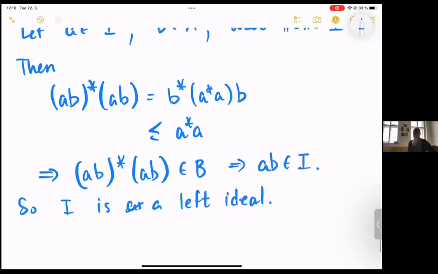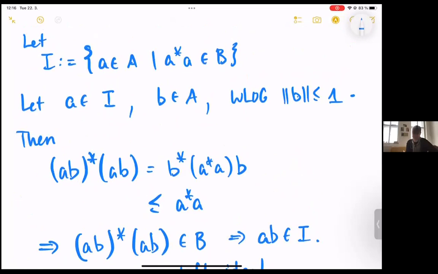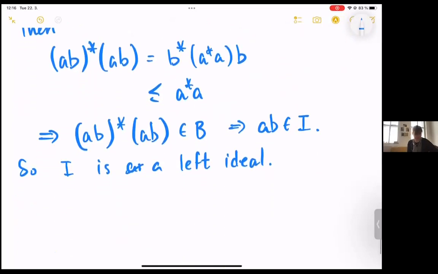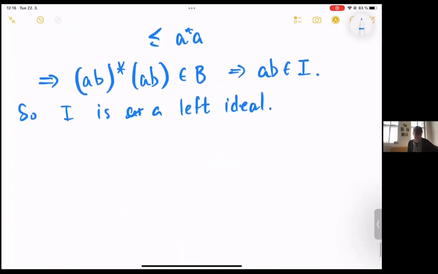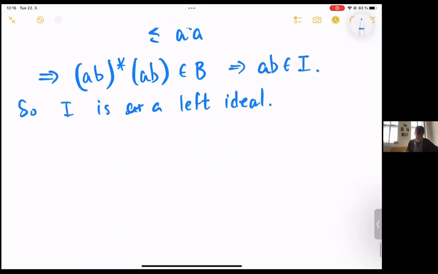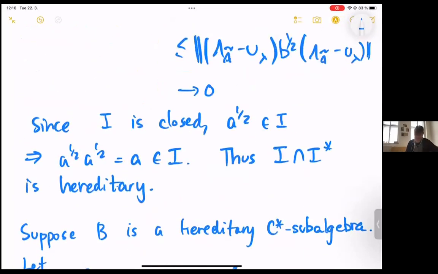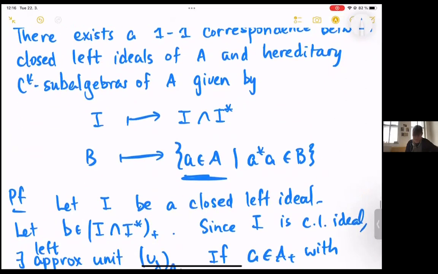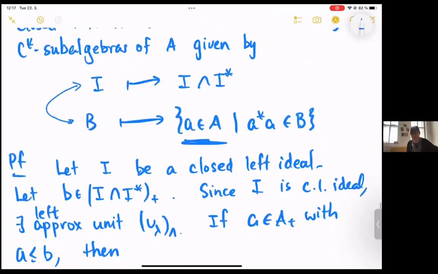And then it's straightforward to check that since B is closed, I will be closed as well. And indeed, this establishes the correspondence. And then it's easy to see that, in fact, these maps here are mutually inverse, which gives us the one-to-one correspondence.